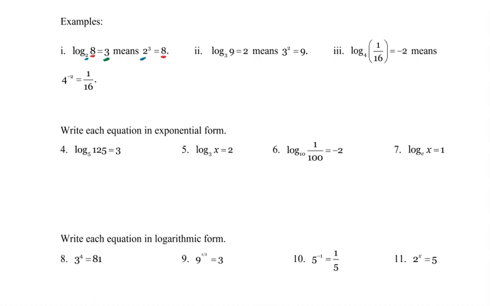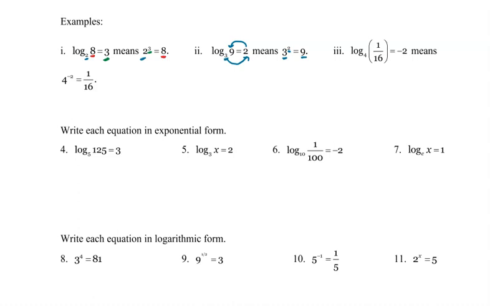And the answer to the logarithm becomes the exponent in the exponential. Okay. Log base 3 of 9 equals 2 means 3 squared equals 9. Same exact thing. If we start with that base, the number on the other side is our exponent, and the number inside the log is the answer to that exponential equation.